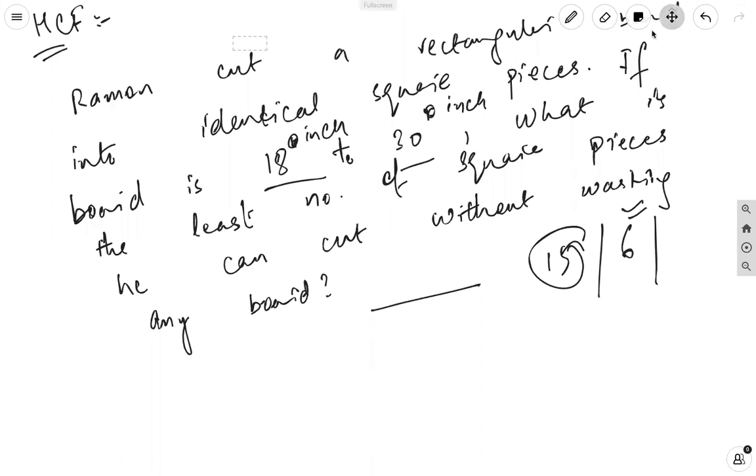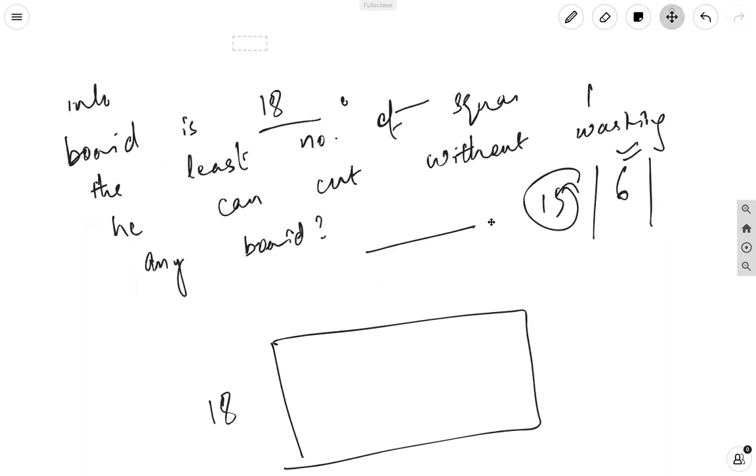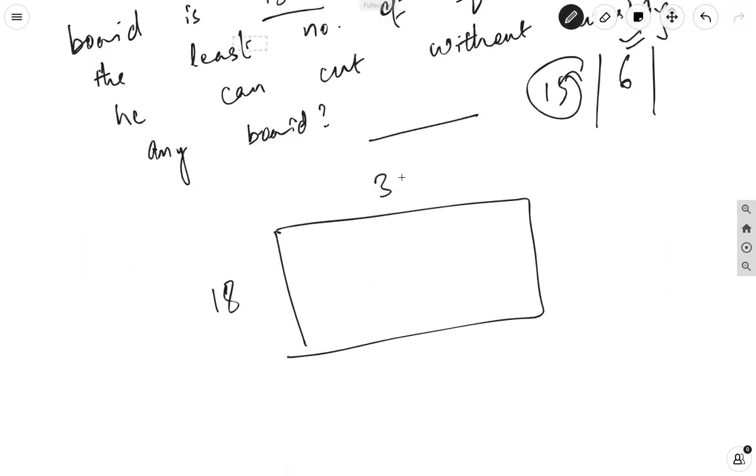So if we try to visualize this, we have 18 and the other value is 30. First of all, what is the HCF of 18 and 30? 18 is 3 squared into 2. 30 is 3 into 2 into 5. So HCF is 6.